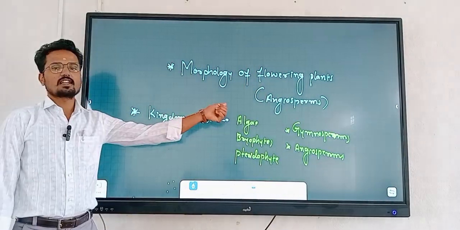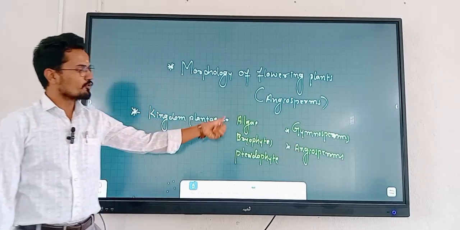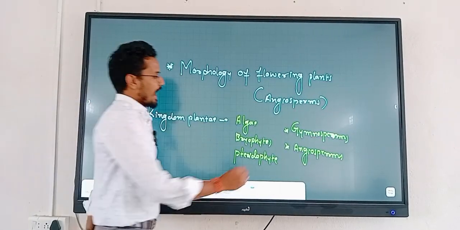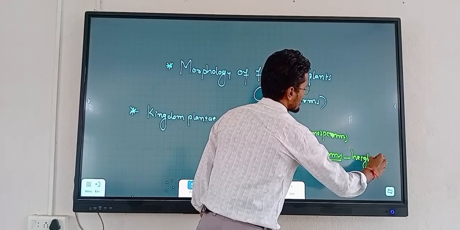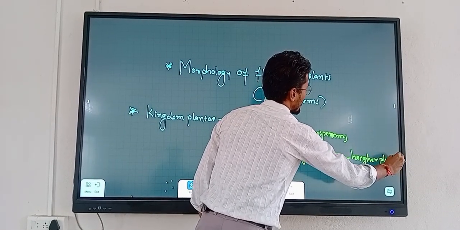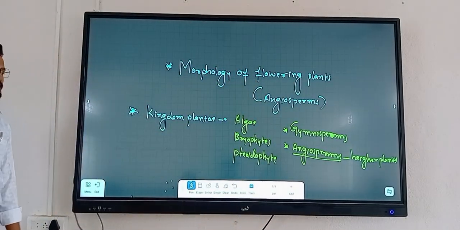When we see the sequential arrangement from algae to the angiosperm, it is an evolutionary development where angiosperms are considered as higher plants as compared to the other categories of plants.